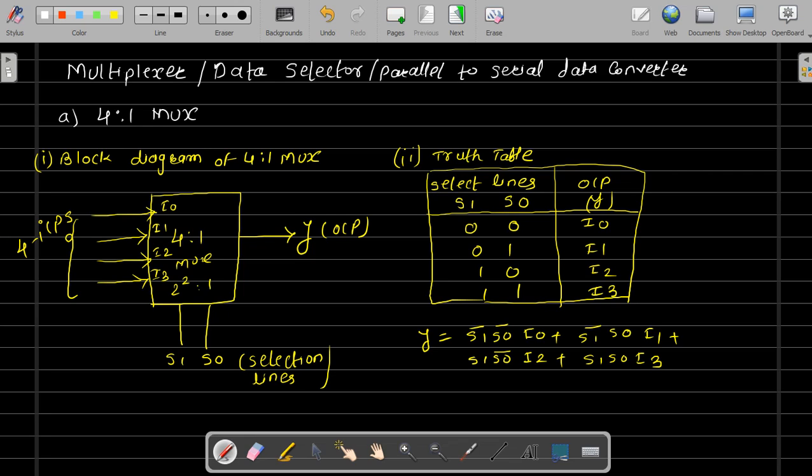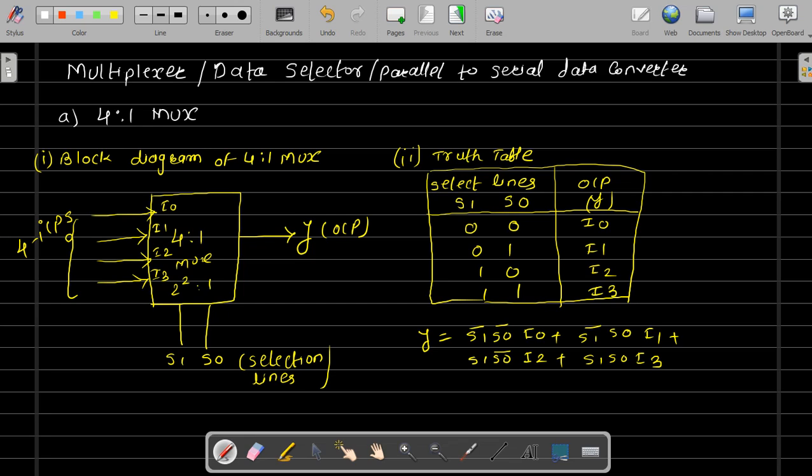In short, I can say mux is nothing but many to one. You have many inputs, and among them any one will be active at a time depending upon the selection lines which we have applied.